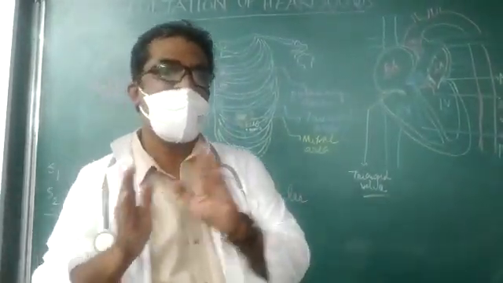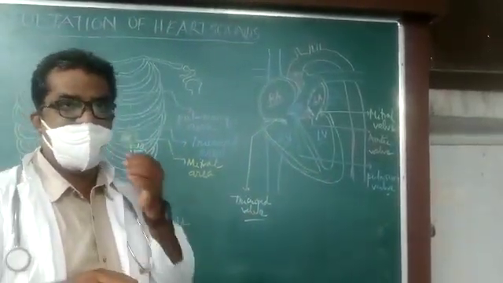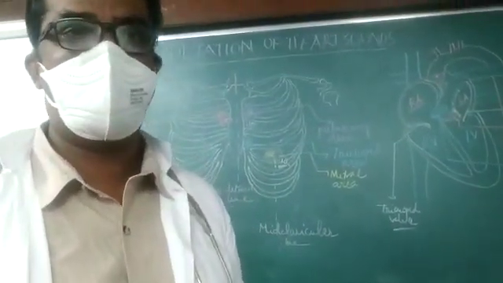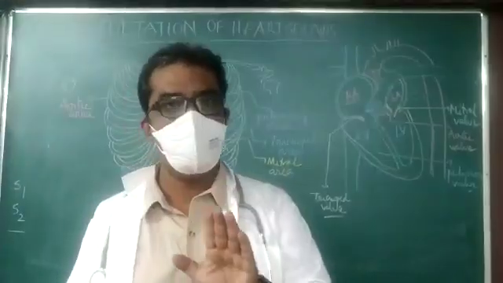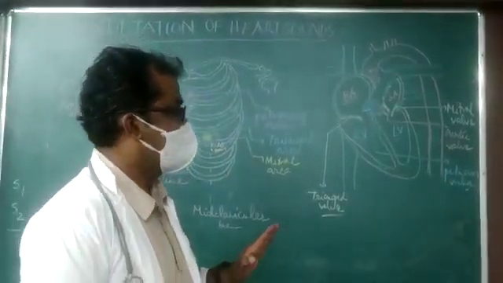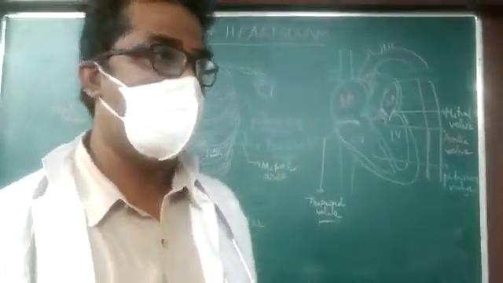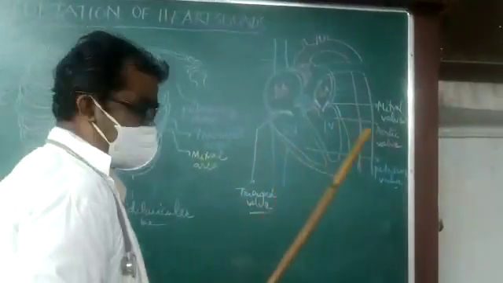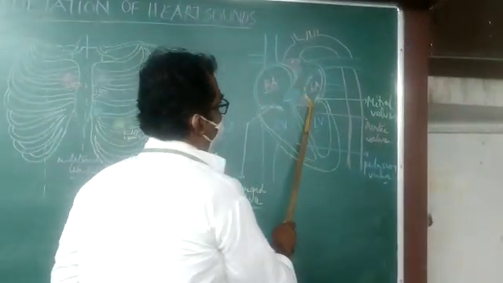Now let me go to a bit more theoretical aspect of the heart sounds. What are the heart sounds? What are the features of heart sound? Sounds are basically about the valves of the heart. How many valves are there? There are 2 major valves, the tricuspid valve and the bicuspid valve.